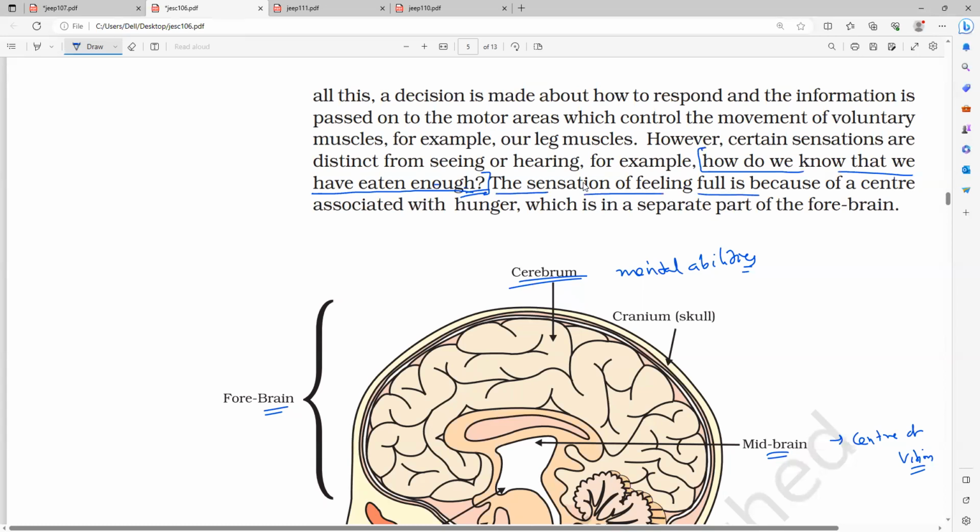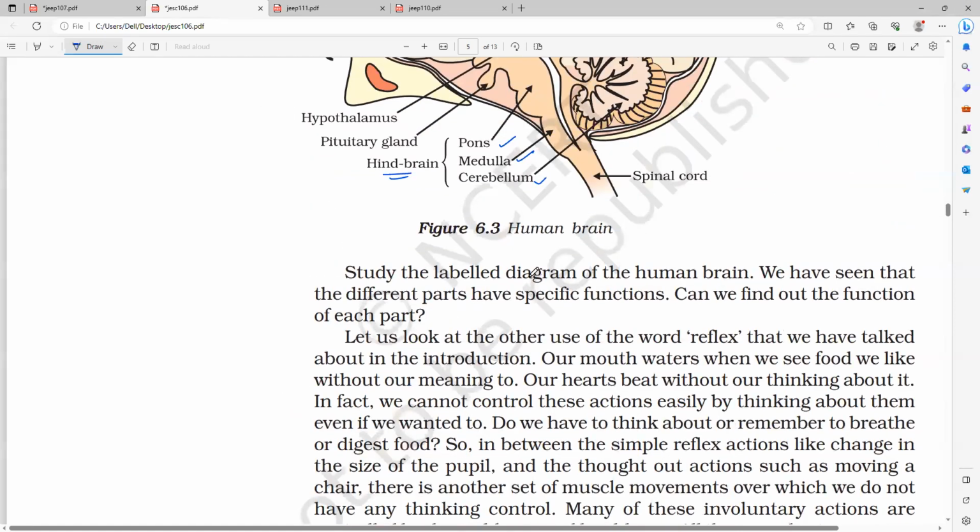The sensation of feeling full is because of a center associated with hunger, which is a separate part of the forebrain. That is what you have to remember, so write it very carefully.